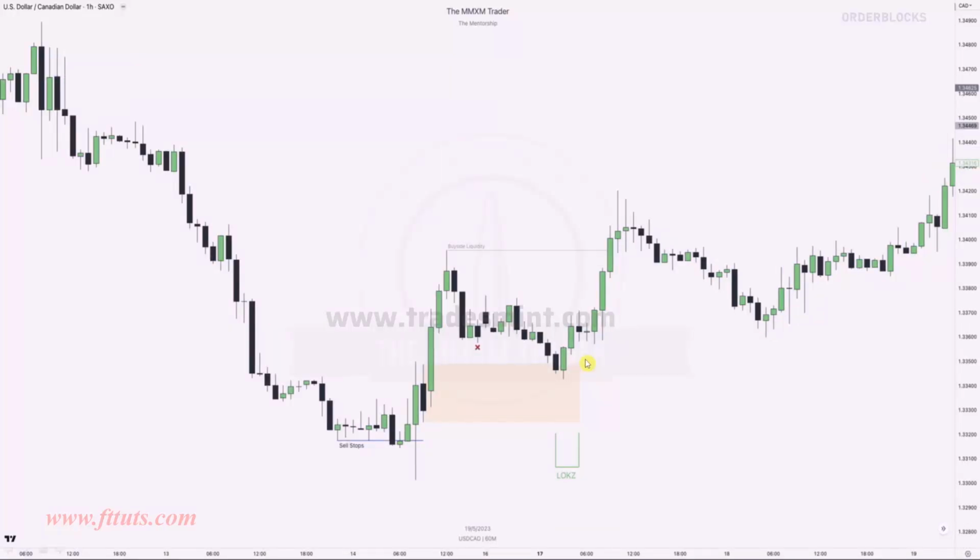Again, time is very important. So the London kill zone over here, right? Couple up your entries with the correct time. We can use again the London kill zone, New York kill zone, London close kill zone. And if you're aiming for the low of the day, the London kill zone most of the time is your best bet. And if you see that 1 hour order block created the previous day and you see engineered liquidity over here, right?